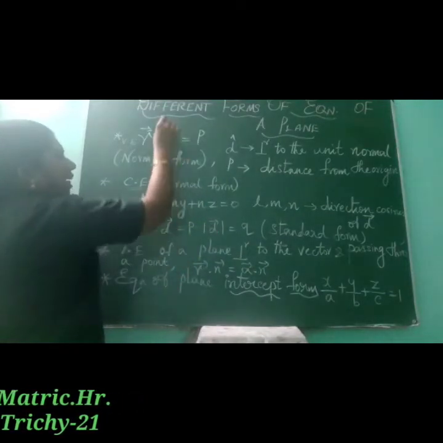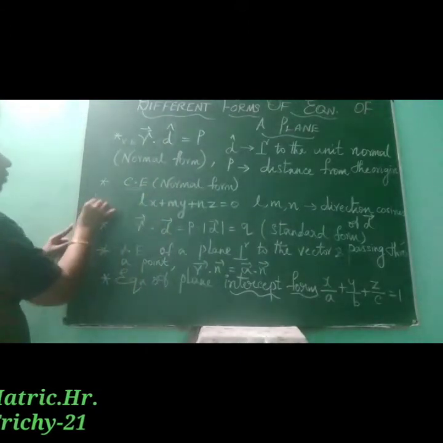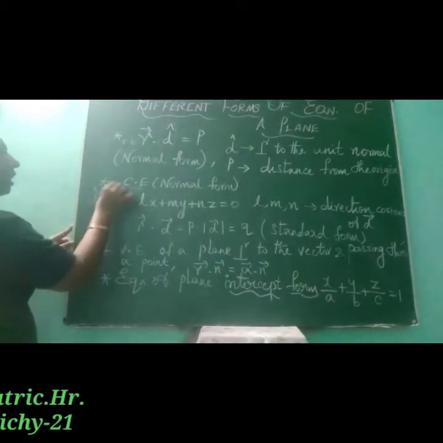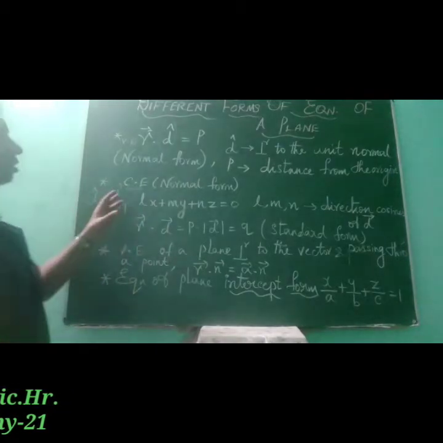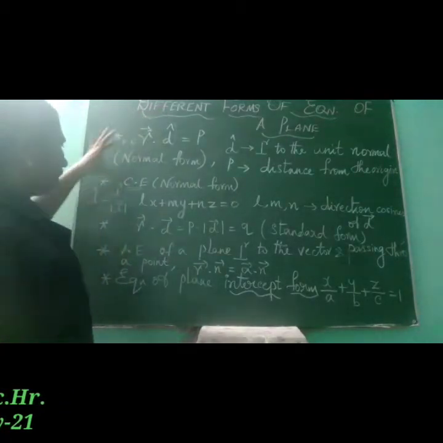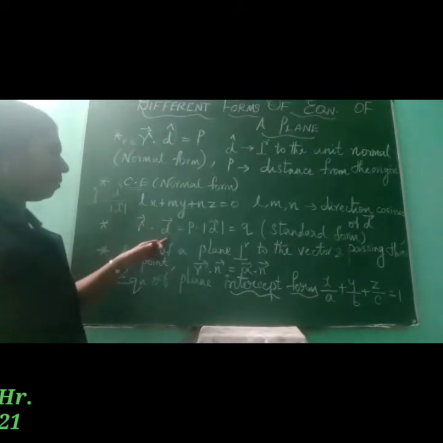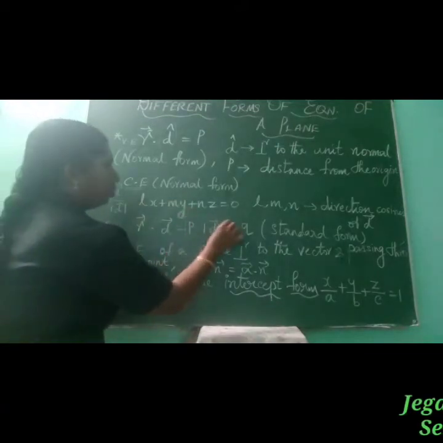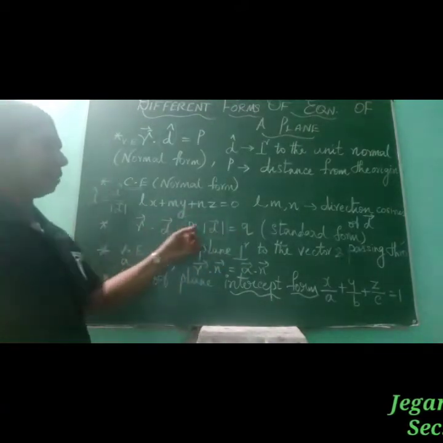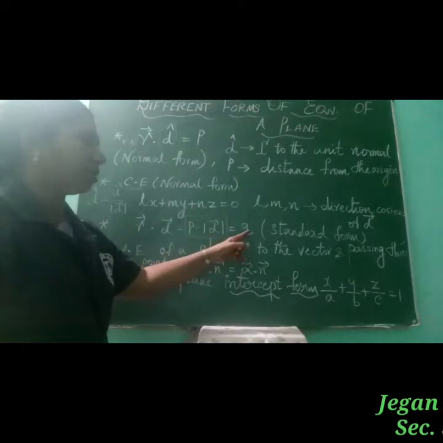Here d cap equal to what? d cap equal to d vector divided by modulus of d. So if you replace this d cap by d vector divided by modulus of d, modulus of d we take to the other side. So p into modulus of d vector can be represented by another constant q.